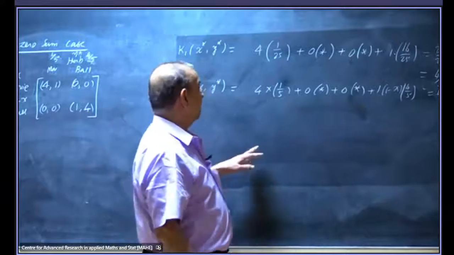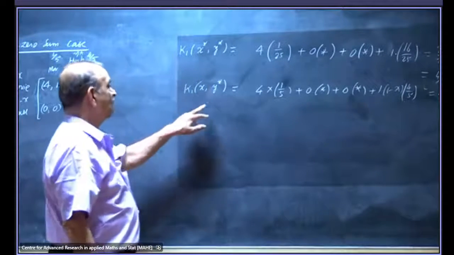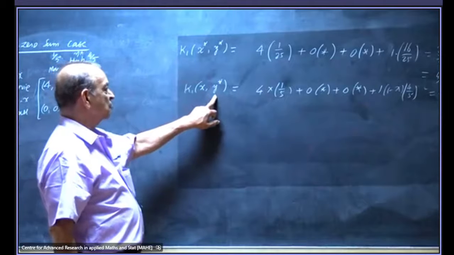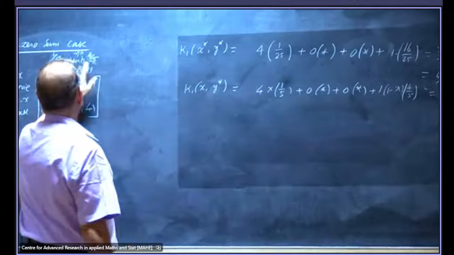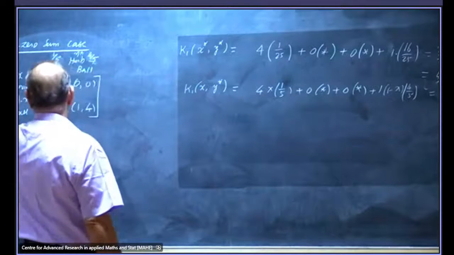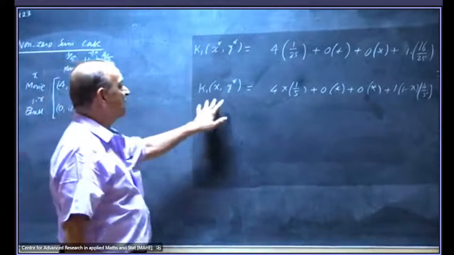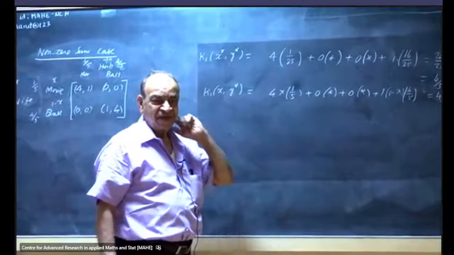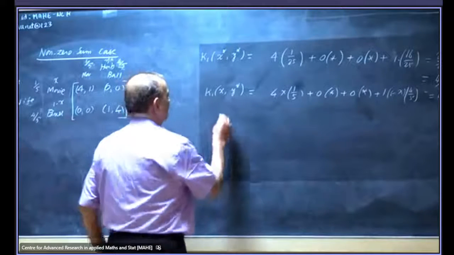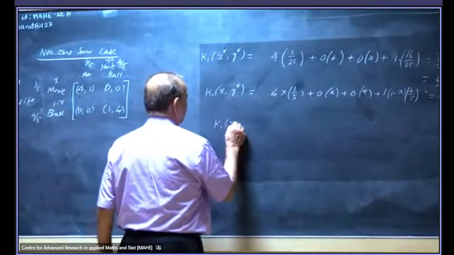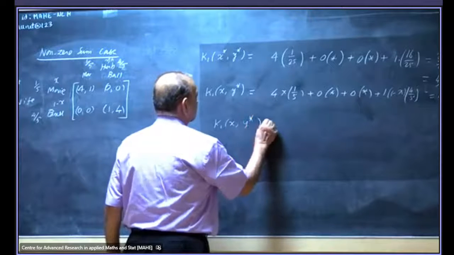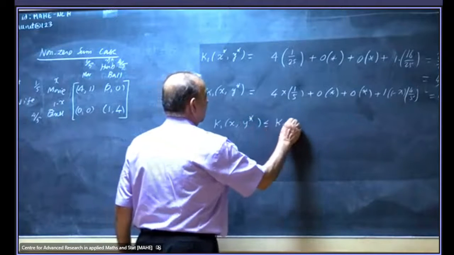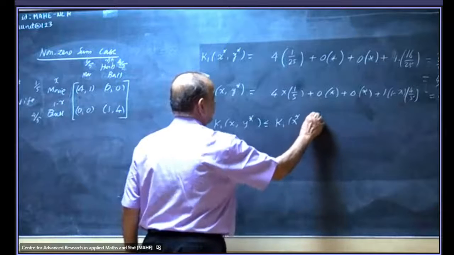So it says when this person uses 1/5, 4/5, independent of what this person does, the expected payment is still the same number, 4/5. Similarly, you can check that K1 of x y star is less than or equal to K1 of x star y star.